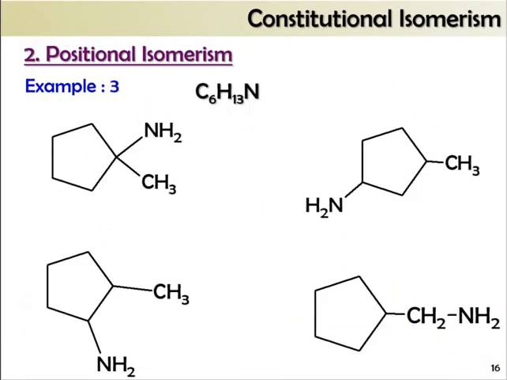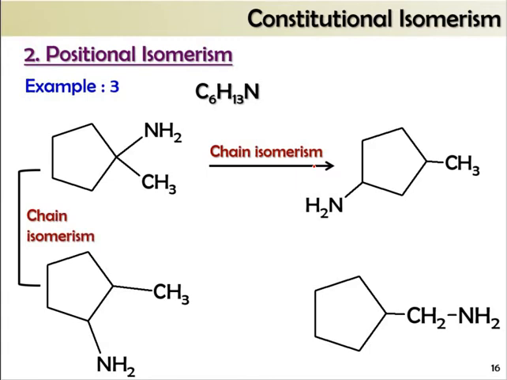And then here we have C6H13N. Kita ubah dia punya. So the relationship between these two structures is chain isomerism, sebab kita ubah dia punya CH3. This is also chain isomerism. And then this one, yang arrow warna biru tu, kita tukar NH2 pada position yang berbeza.